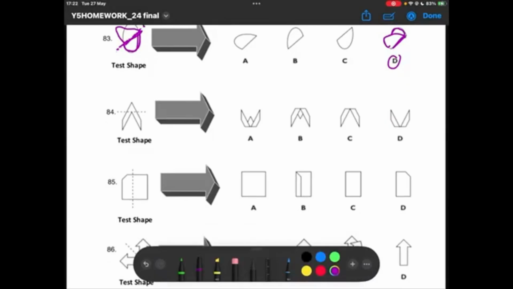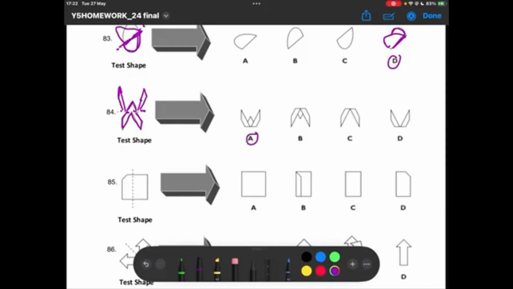Next, question 84. So here's the dotted line. For this one, imagine you folded this bit upwards. So we've got this diagonal bit, which is the short side and the long side, and we've still got this part here.